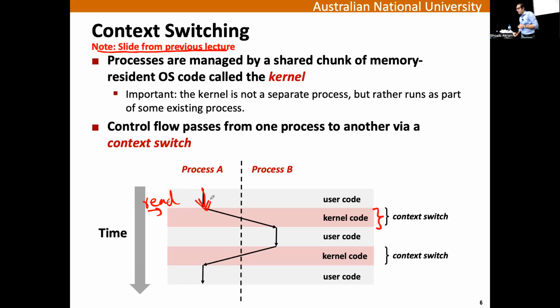The kernel takes control of the CPU, and here it's probably doing a bunch of things, such as saving the context of process A. So now it's doing a context switch, but first of all, it's running on behalf of process A. And then it restores the context of process B. So save here, restore here. And then it starts running process B in user mode or user code, all right? So this is how context switches look pictorially. The vertical axis is time, and we are showing two processes.